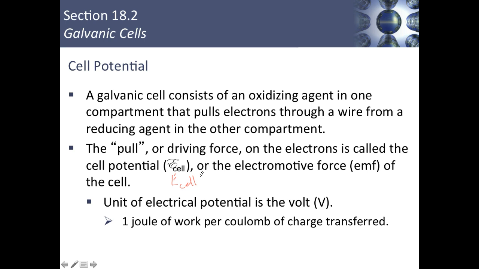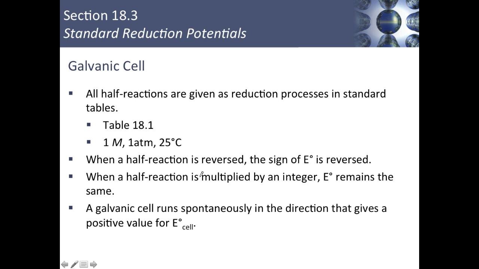This is looking at how many electrons are being exchanged based on the energy that's being produced. Now, if we're looking at a galvanic cell in what we call its standard state, we have 1 molar solutions here, 1 atmosphere of pressure and 25 degrees Celsius.